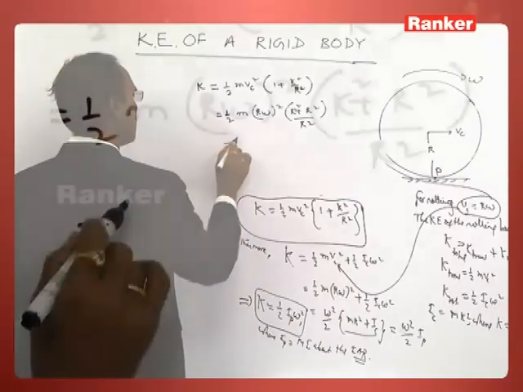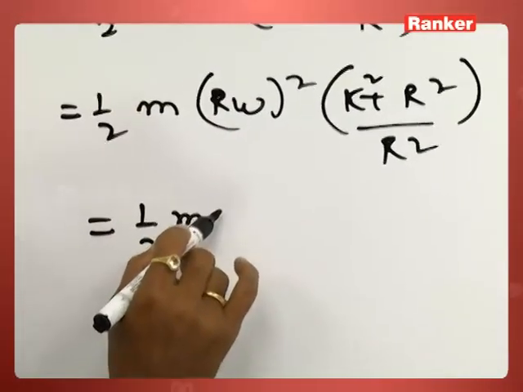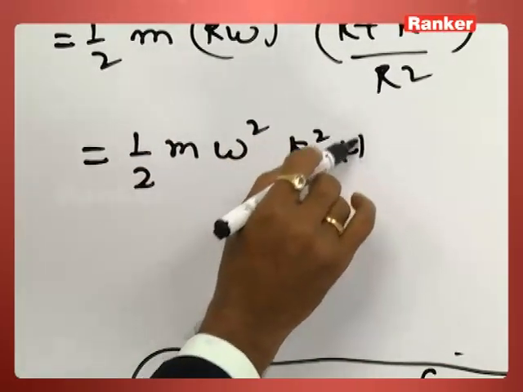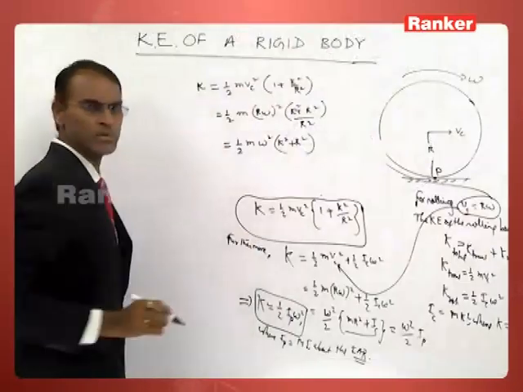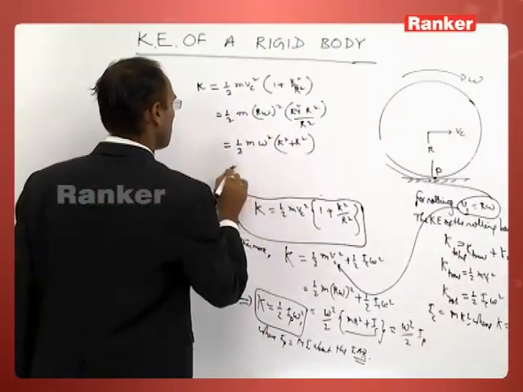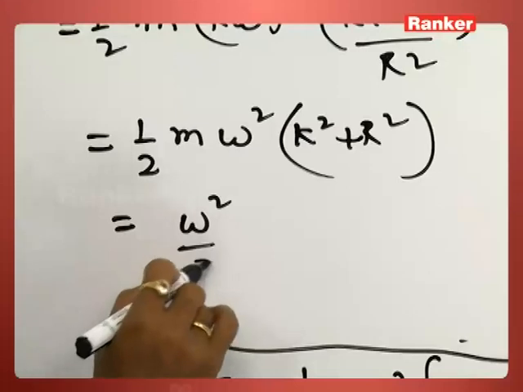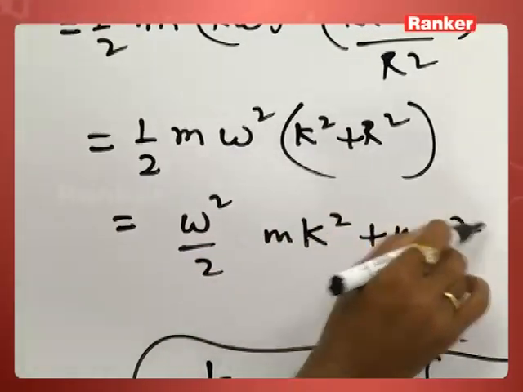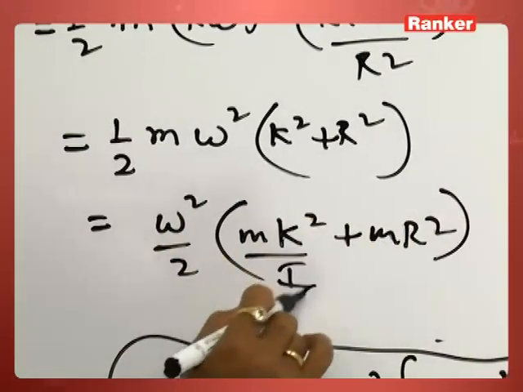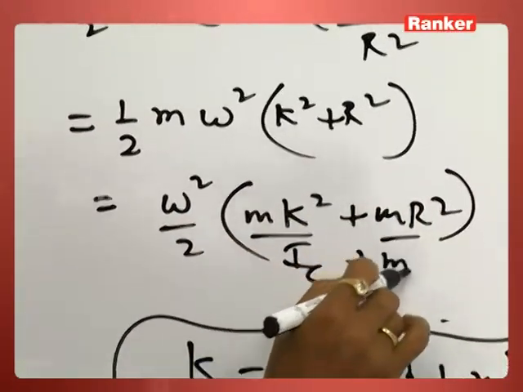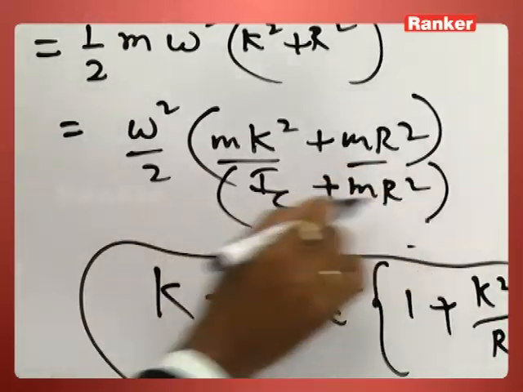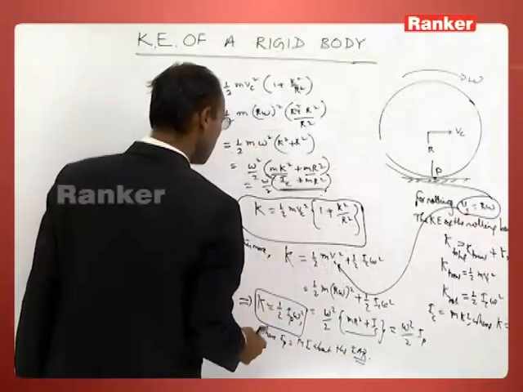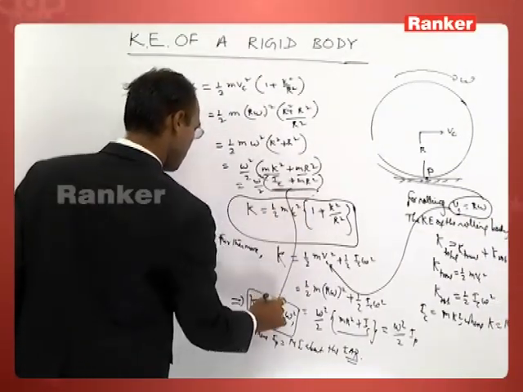And you are getting half m omega square k square into k square plus r square, omega square by 2 into m k square plus m r square. This is Ic and this is m r square, into omega square by 2. Then this is none other than Ip.